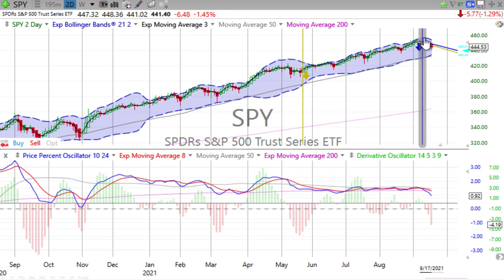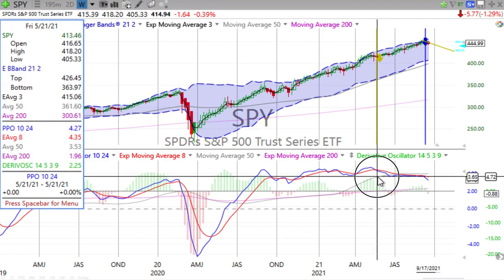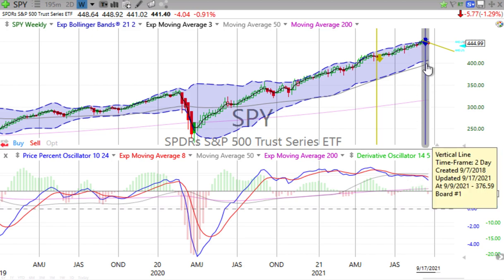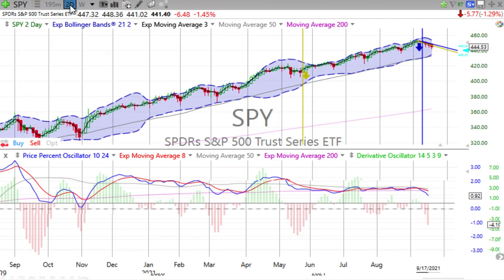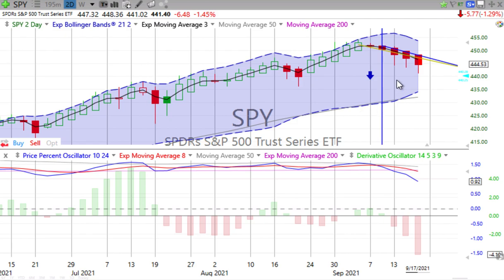Now, this is the 2-day chart, but we had that weekly continuing to just hang down. I'll just show you so nobody gets confused. That's where the weekly vertical crossover was. And we saw the PPO continue to stay negative. And then finally, the 2-day crossed over going down for us. And what has happened in that interim? Look at that. 3 nice down candles.